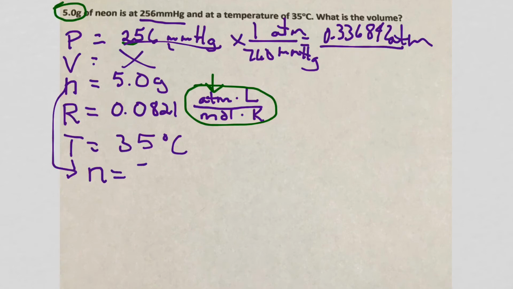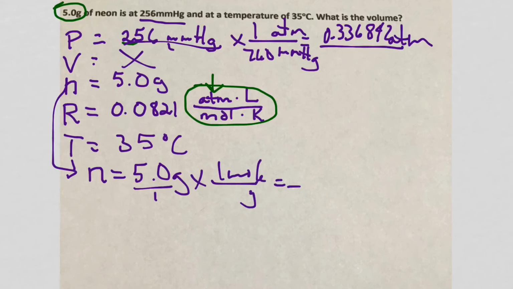But N needs changed from grams to moles. And the molar mass of, what is it? Neon. So 20.18.